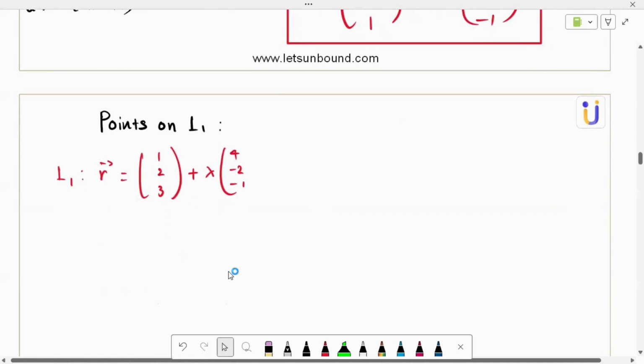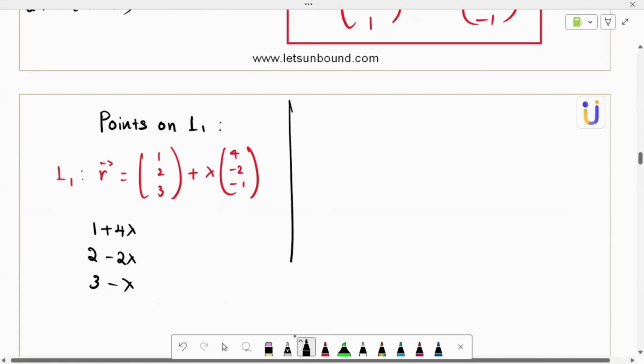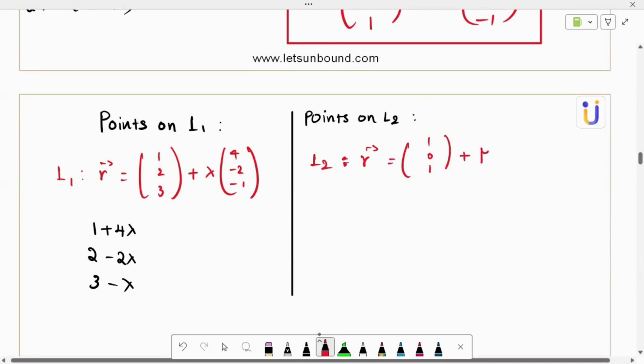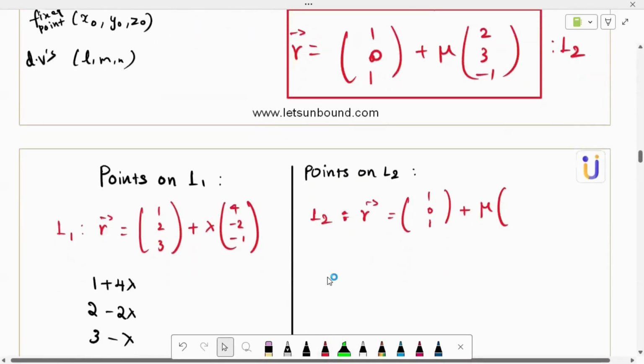So points on L1: write the vectors in the vector equation, and points on L1 will be like this: 1 plus 4 lambda, 2 minus 2 lambda, and 3 minus lambda. Then points on L2. The L2 equation is R vector equals 1, 0, 1 plus mu times 2, 3, minus 1.